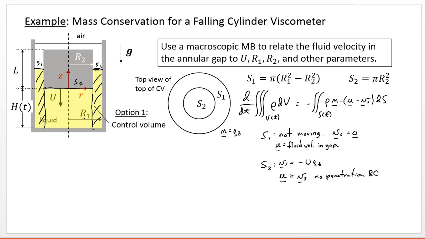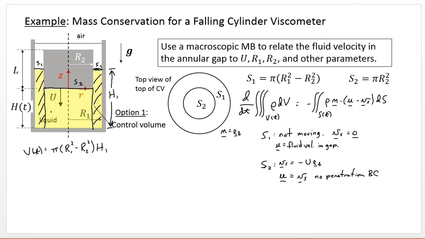And so we can call this distance here from the bottom to up there h1. h1 is going to be a constant because that part of the control volume is not moving. And so our volume V of t is equal to pi times r1 squared minus r2 squared. That's the area of the angular gap. Now we multiply by the height of that region, which is going to be h1. So that accounts for the part that's cross-hatched.